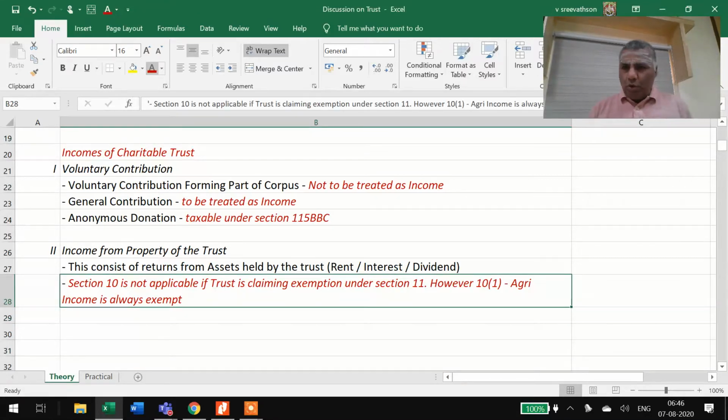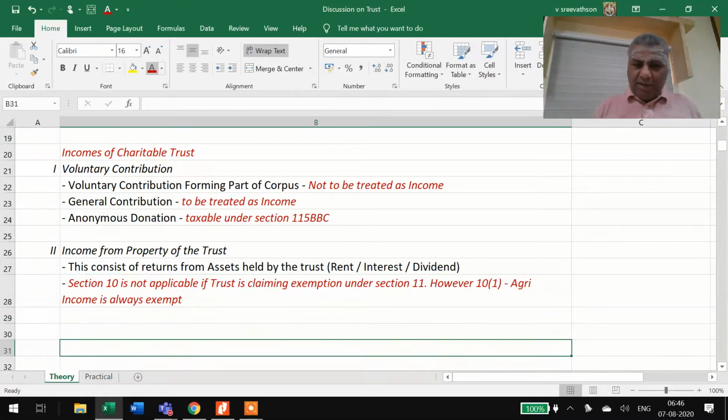So except agricultural income, all other income which is exempt is also known as income from property, and it is also going to be application driven.